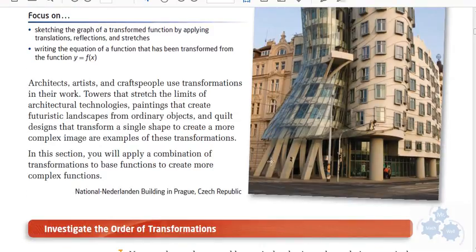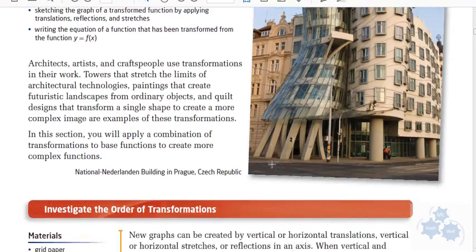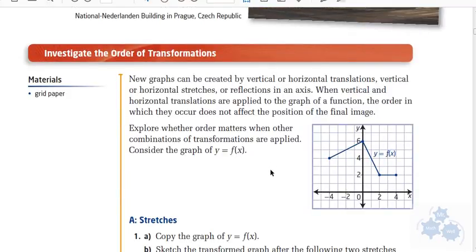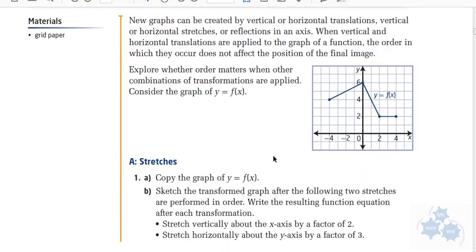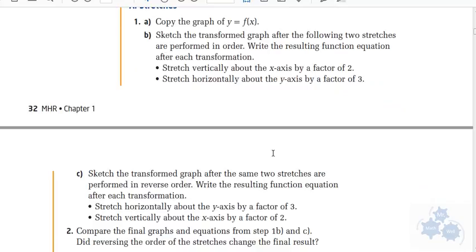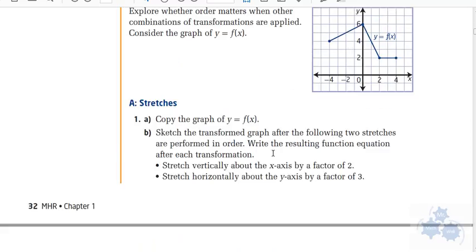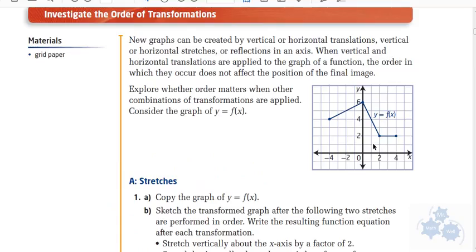So we're going to study the nature of how you transform something, and we're going to put everything all together. Okay? So what we're going to do here is look at certain graphs, apply more than one transformation, and see how that works out.